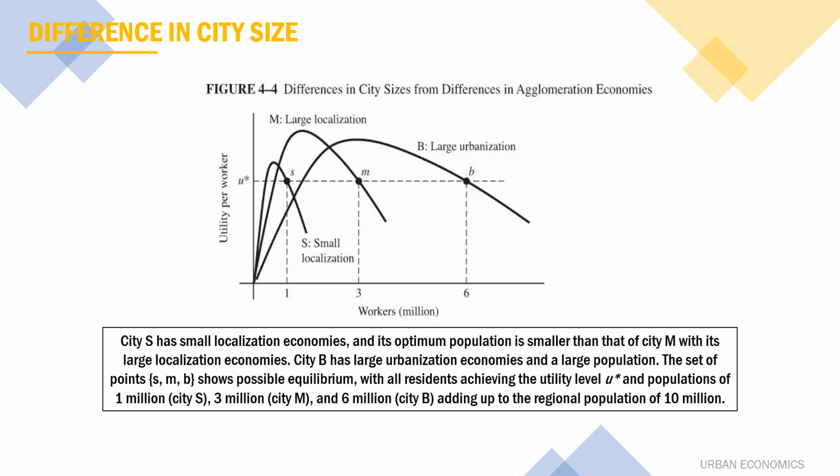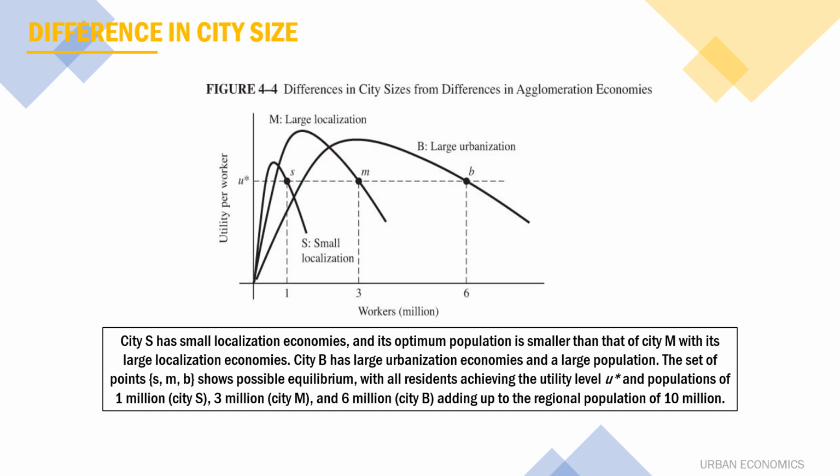The curve on the left applies to the industry in which the localization economies are exhausted with a relatively small workforce. So in this case, the diseconomies of commuting quickly overwhelm the agglomeration economies. So the optimum city size is relatively small.